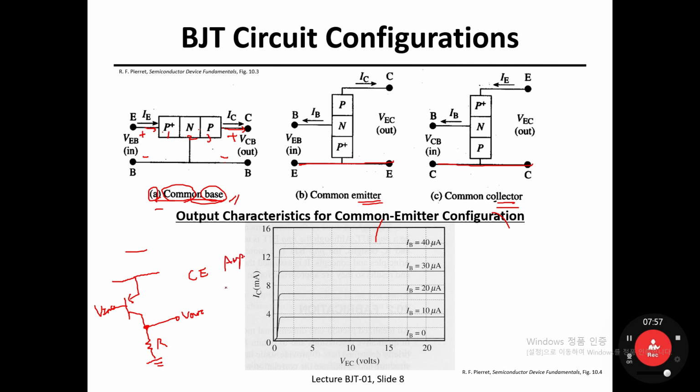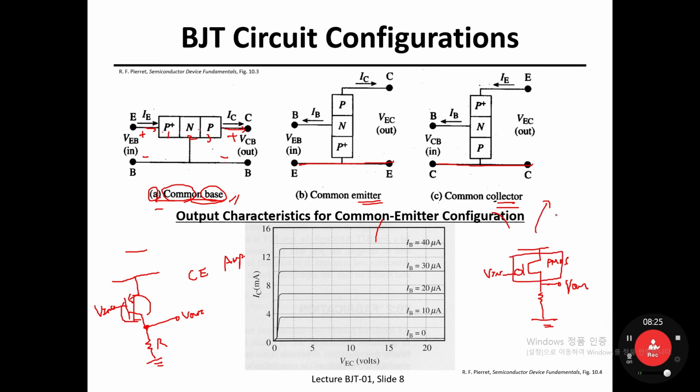Since I have used the PNP BJT, you may have a chance to use a single-stage MOSFET-based amplifier. V in, V out. Here the PMOS has been connected to the pull-up network.